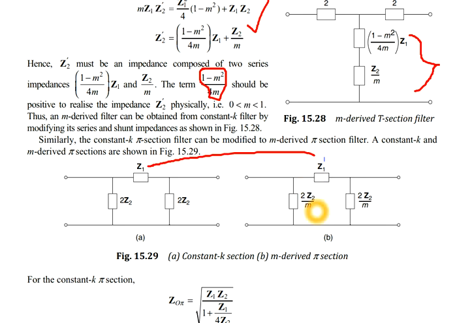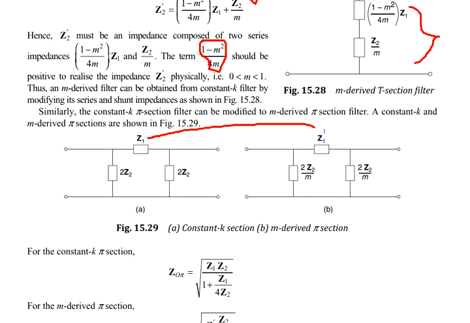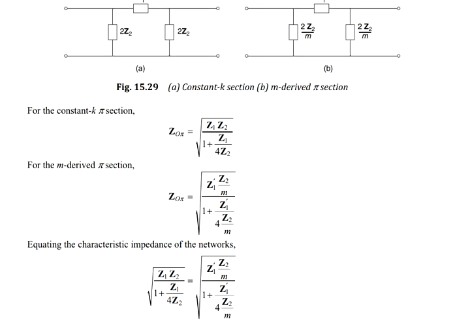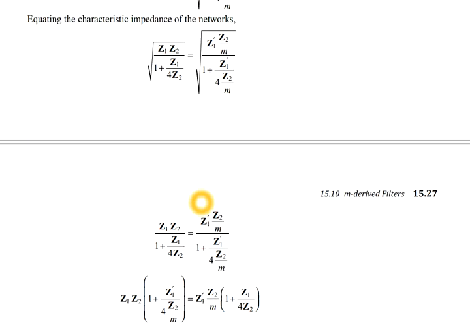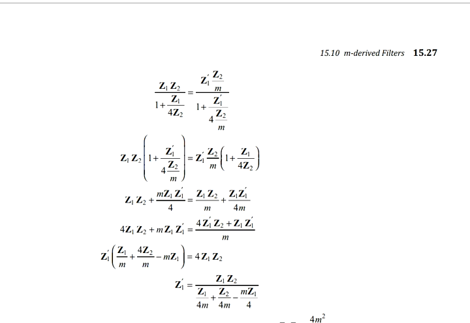That is an important difference here, right? So now we also have the constant K pi section characteristic impedance, which is given with this relation, and when you substitute Z1 as Z1 prime and Z2 as Z2 by m, you will get this one, and when you equate these two, you will get a relationship between Z1 prime with respect to Z1 and Z2.